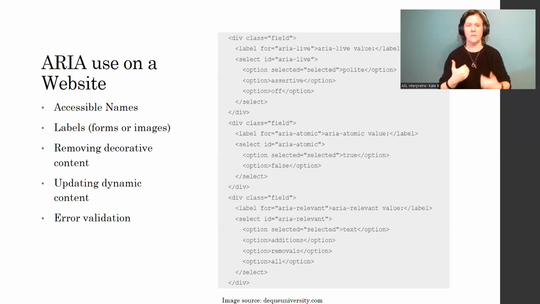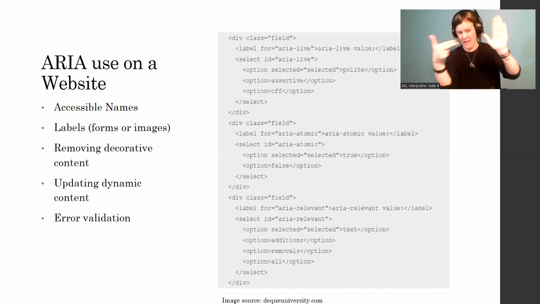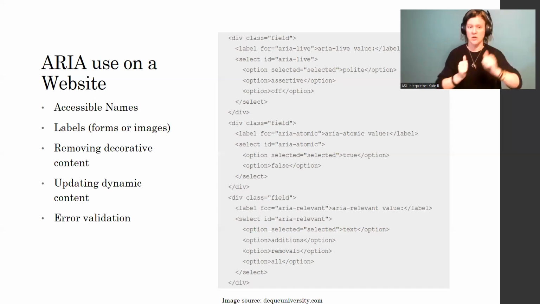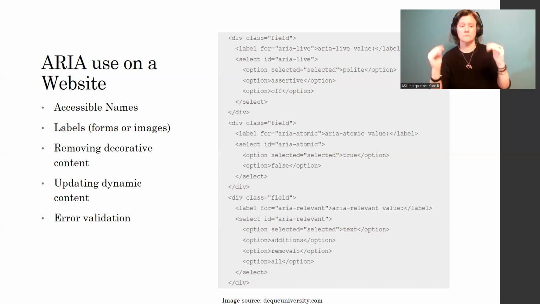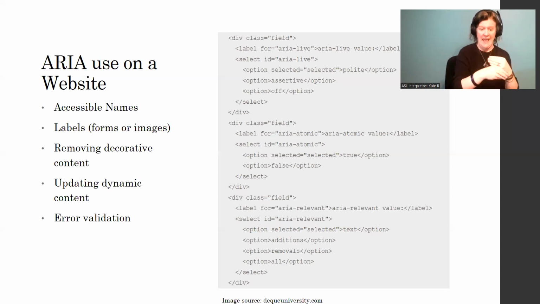The first one is a select for deciding will that ARIA live behave with polite or assertive, or is it off? The second field is whether it's going to be adding, if it's going to read as it updates, or if it's going to be just all content anytime. And then the third field is just when something is added or removed, or when things change.